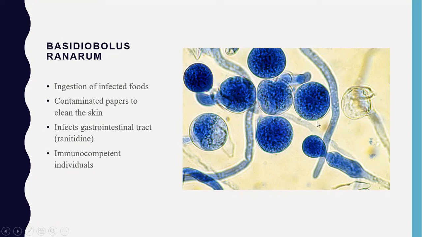Here we have an image. It enters the body through the ingestion of infected foods, also by using contaminated papers to clean the skin. It can also be a topical pathogen. It infects the gastrointestinal tract and usually infects immunocompetent individuals. That's why it can be classified as a true pathogen.